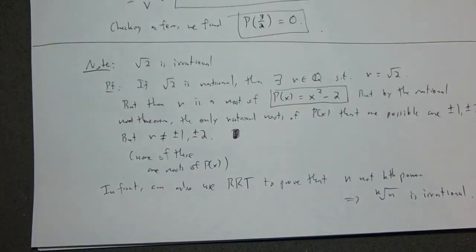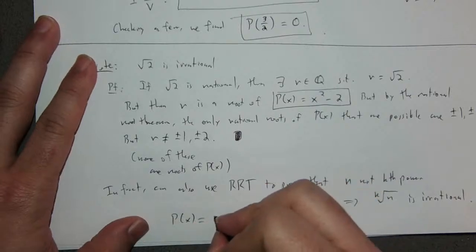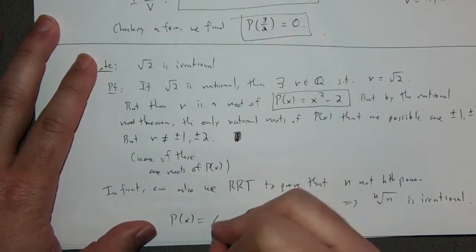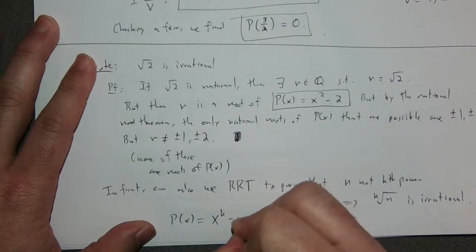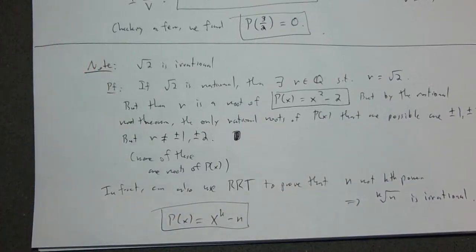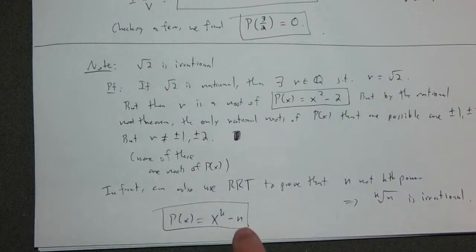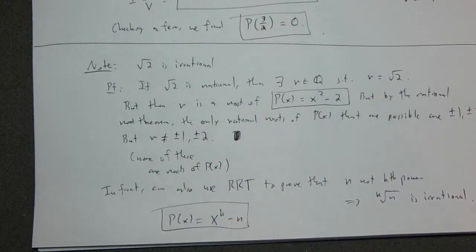The polynomial you look at, I'm not going to write it out, but in this case it is x to the k minus n. That's what you look at. If n is not a perfect kth power, then it's not a root of this thing, right?